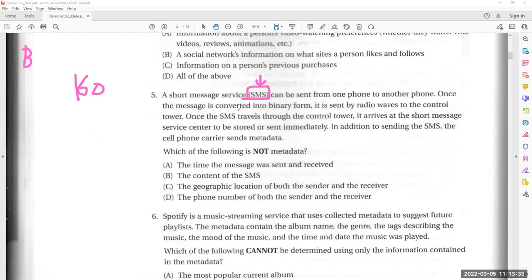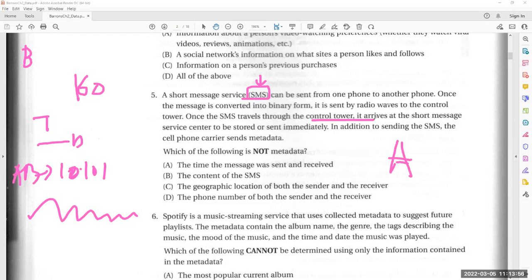Once the SMS is converted to binary form, originally it was text form, converted to binary form, from text form ABC converted to 1010, and then sent by radio wave. Then the SMS travels through a control tower and arrives later at the center, and then it will be stored or sent immediately.